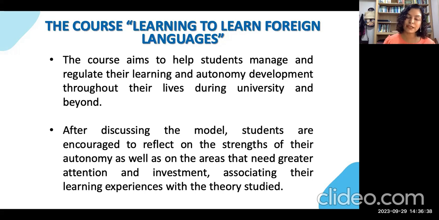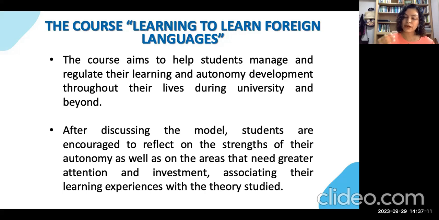And after discussing the model, students are encouraged to reflect on the strengths of their autonomy, attention, and investment, associating their learning experiences with the theory studied. So this is a rich moment of reflection and self-knowledge for the students. And I've been teaching this course for the last 10 years. And in the last years, including the complexity component.